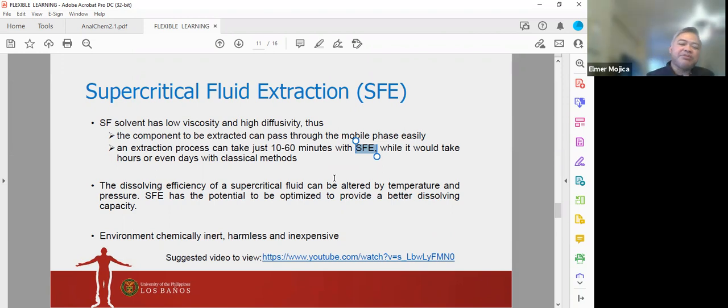I think the best example with an everyday application is dry cleaning. When you do dry cleaning, you don't use water. What you use is perchloroethylene, or perc, which dissolves the dirt in your clothes. The principle is that you put your clothes in front of the supercritical fluid, and when it passes through your clothes, it dissolves the dirt.